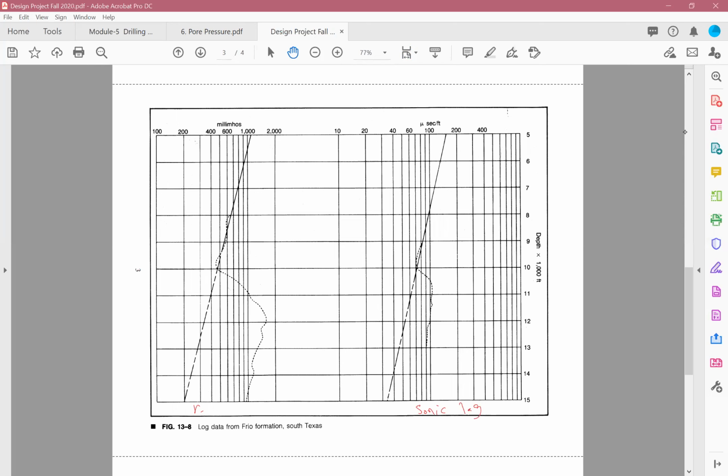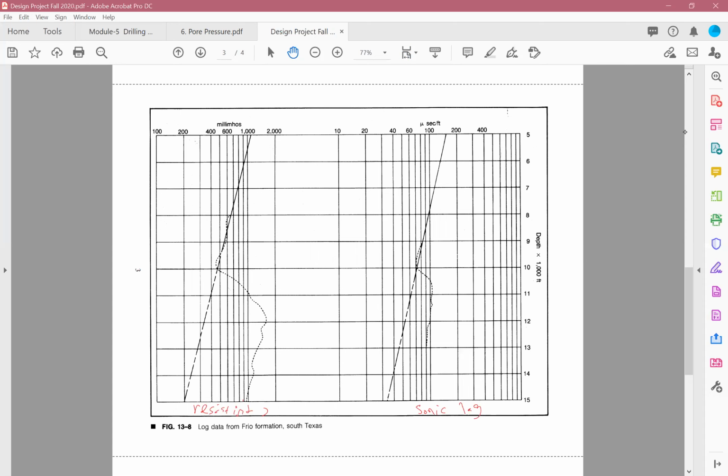All right, so resistivity and sonic log, right? Now you can identify where the normal compaction trend is. This line here, which is linear, is the normal compaction trend. And this part, which is dashed, is the extrapolation of that, right?